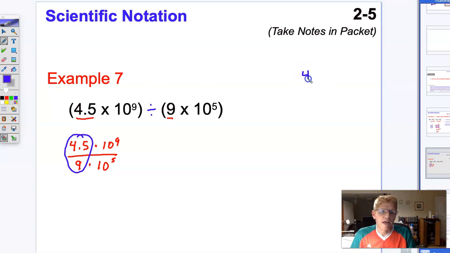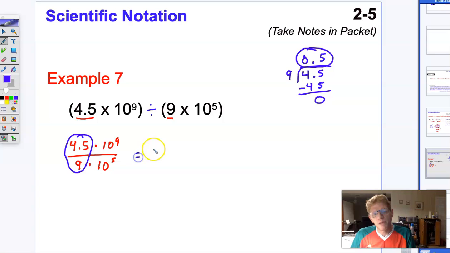So let's do that up here. 4.5 divided by 9. So I'll wind up with 0.5. 0.5 times 10 to the what? Well, we subtract our exponents, 9 minus 5. So we get 0.5 times 10 to the 4th.